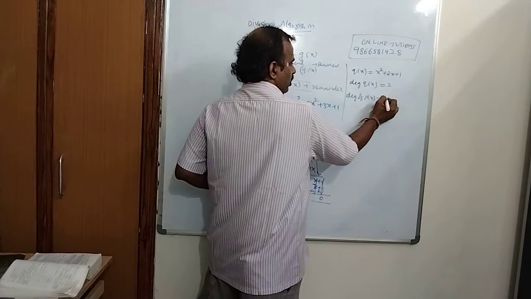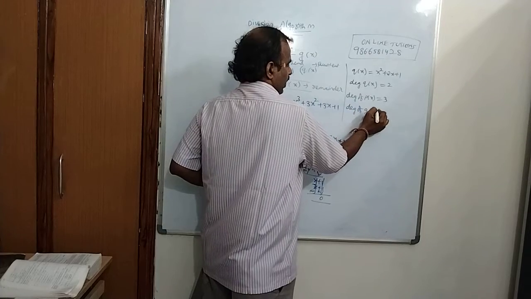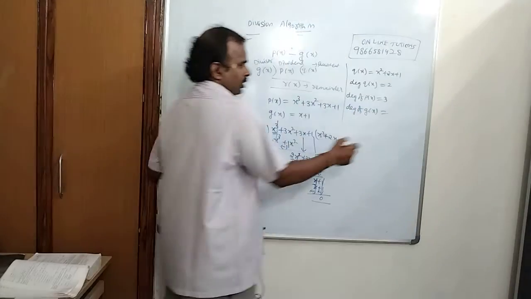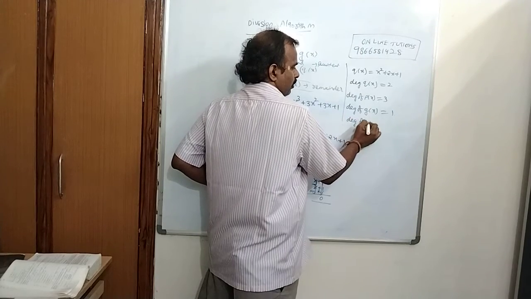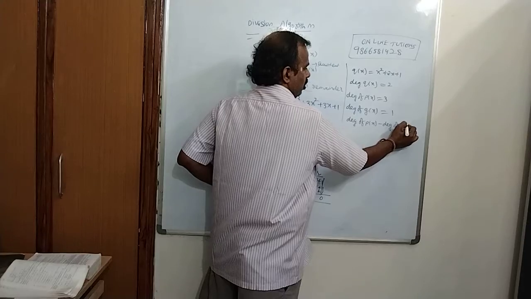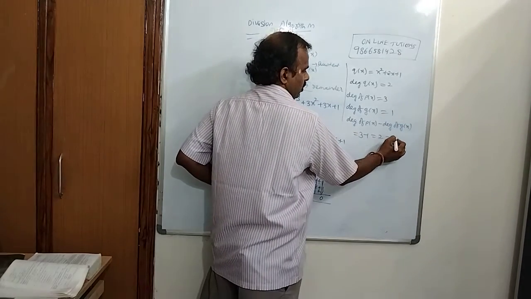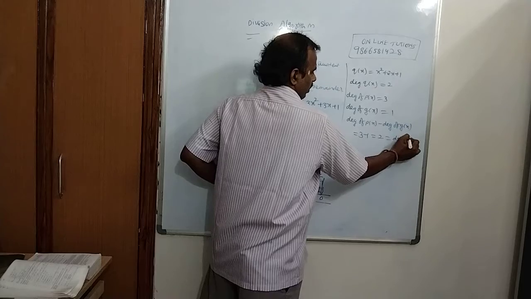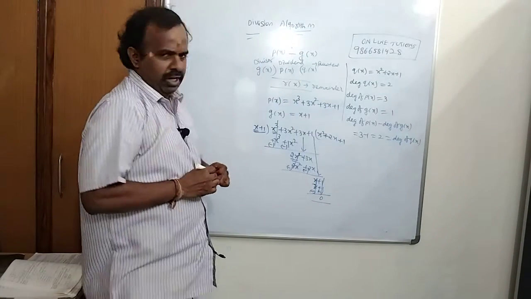Degree of P of x is 3, degree of g of x is 1. Now subtract both of them: degree of p of x minus degree of g of x. So 3 minus 1 is equal to 2, which is nothing but degree of q of x.